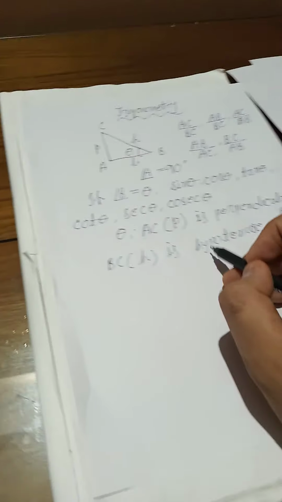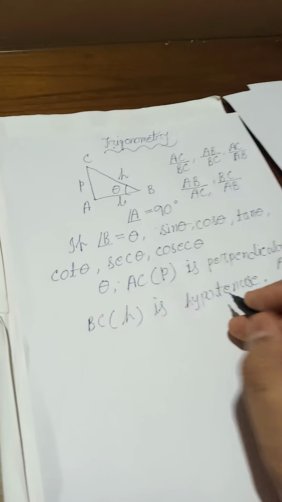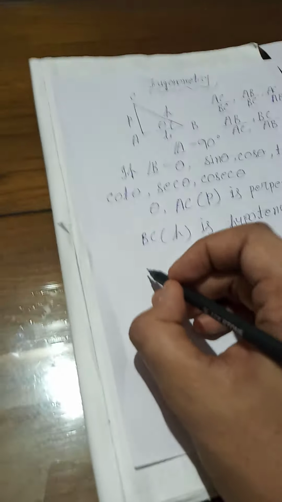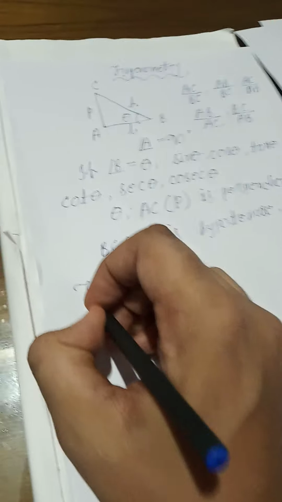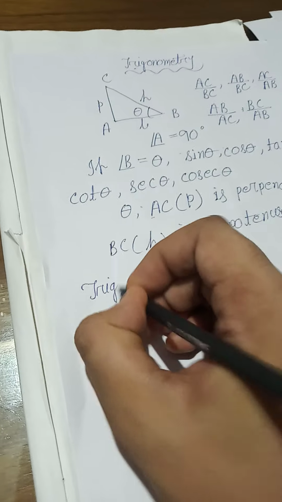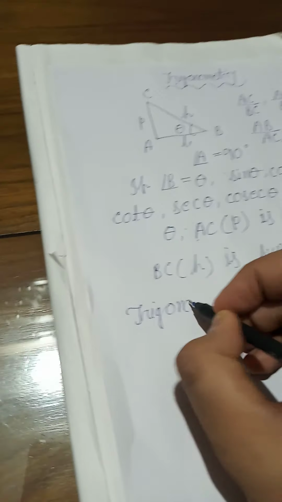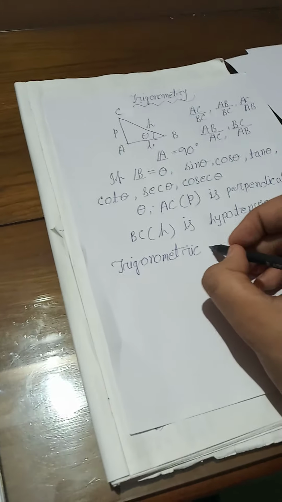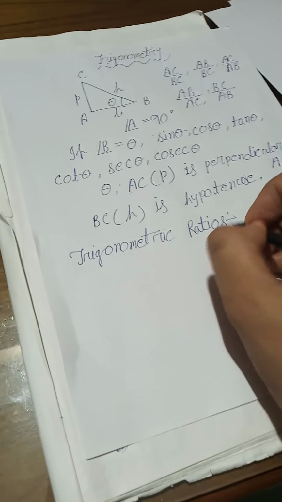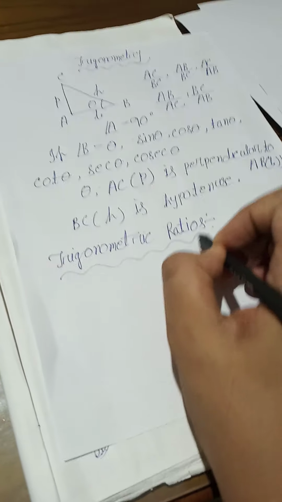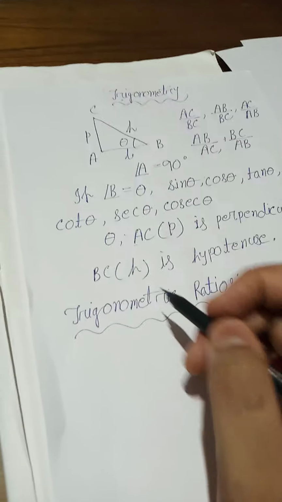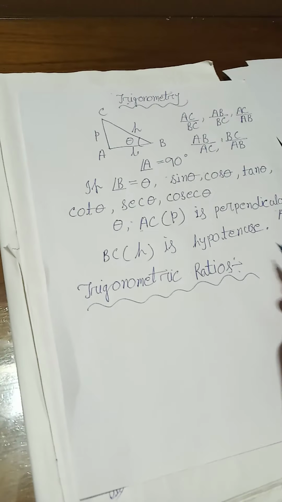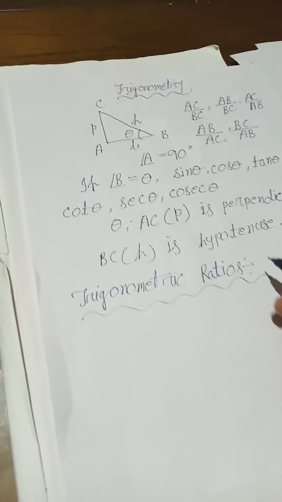So this is the basic concept of trigonometry. So now we can find the trigonometric ratios. So hence there are 6 different trigonometric ratios as follows.